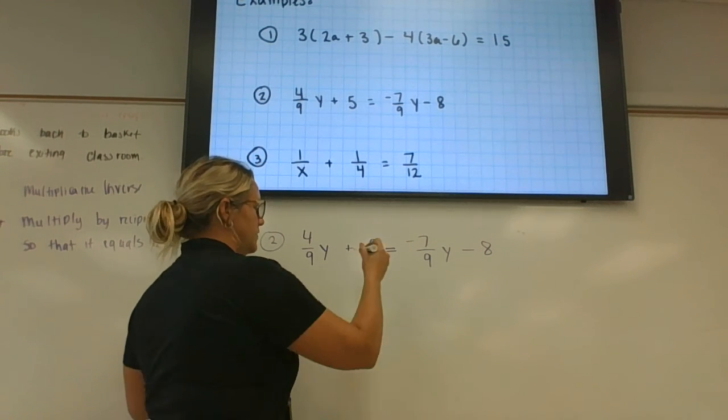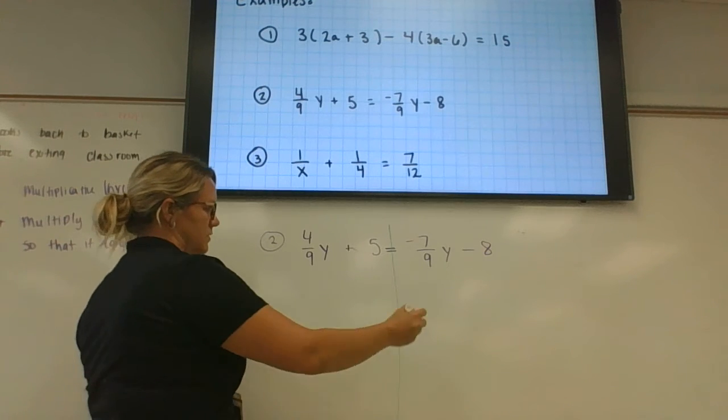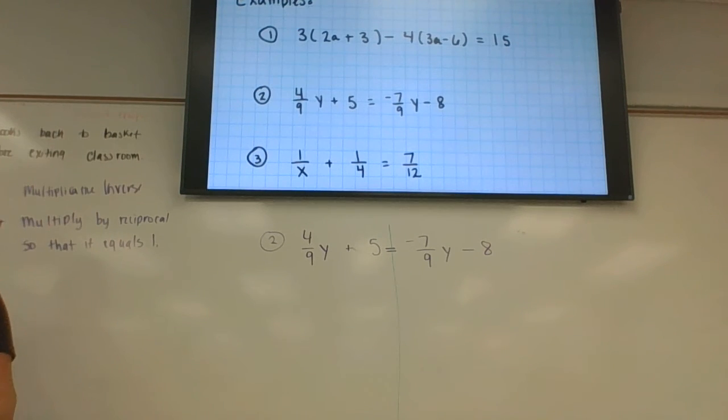So when you have your variable on both sides of the equal sign, they want to be together. They shouldn't be separated. You want to collect them together.